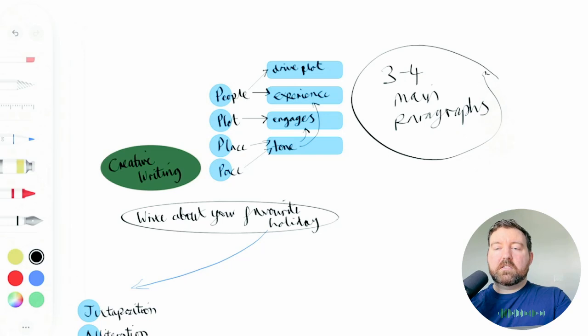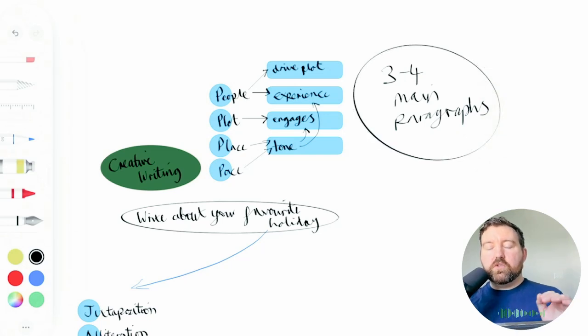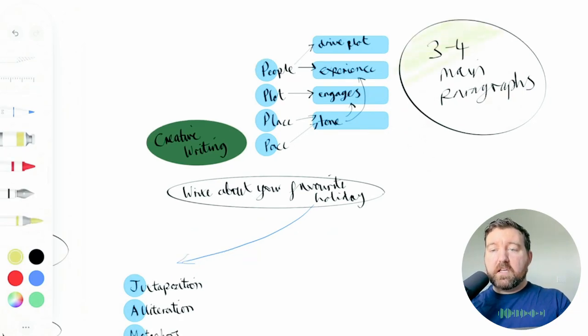As you're planning this story, you're thinking, okay, in paragraph 1, here are the people, the characters, here is the plot that's going to happen in this paragraph. Here's the place, the setting, right? And this is the tone and pace that I'm trying to create. There's going to be about 3 to 4 major main paragraphs on this. Let me just add that in quickly to this side because that's going to be important.